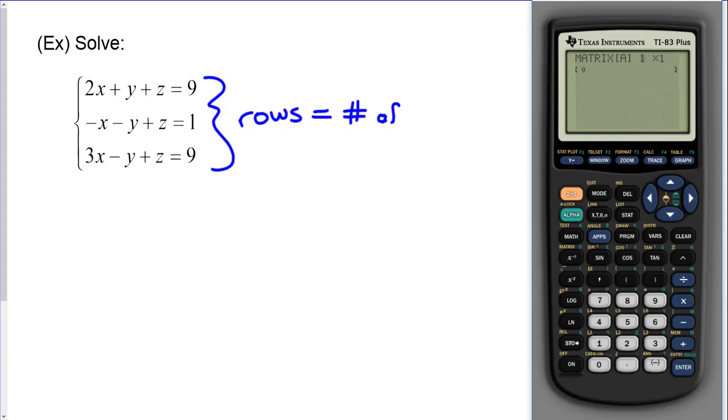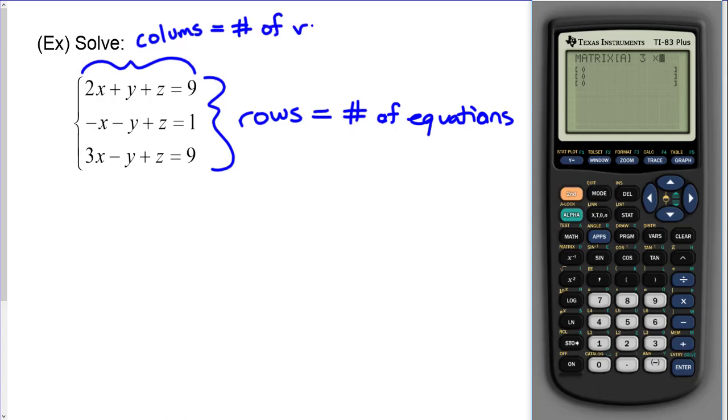In my case, I have 3 equations. So I put 3 in for the first number. The next value is the number of columns that you want in your matrix. The number of columns is going to be the number of variables plus 1. And the reason it's plus 1 is because you need a column for the constants as well. So I have 3 variables and add 1 to that to get 4.